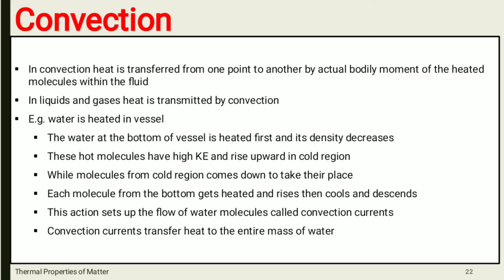Convection currents transfer heat to the entire mass of the water. First the layer is heated up and comes to the upper side of the vessel. Again the second layer will heat up and come to the upper side. Just like that, this current is flowing, meaning the water is coming up after heating near the bottom of the vessel, and this is what is called a convection current.